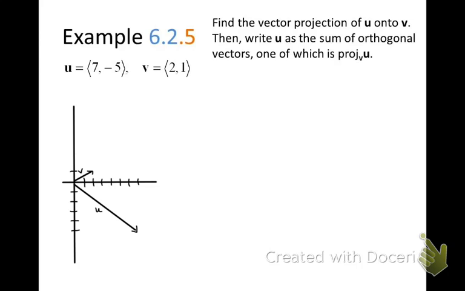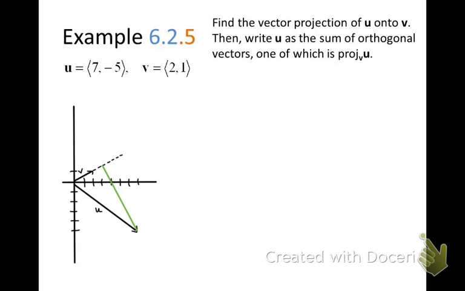So I'm going to make a dashed line to extend this out so I have something to drop onto. Okay? So for the projection part, starting at the tip of u and then going down perpendicular about as good as I can, right there, right? Now that's just showing me where I want my projection vector to end.